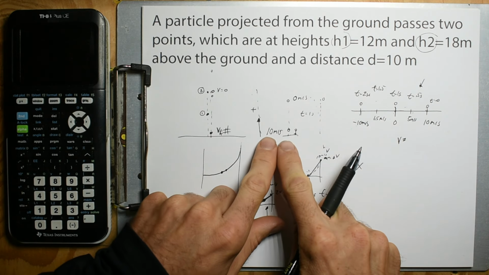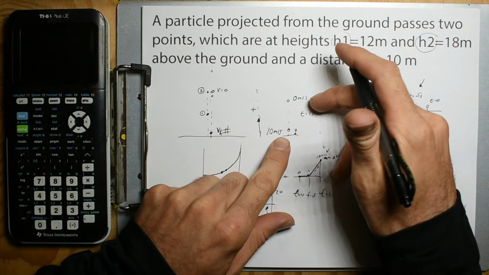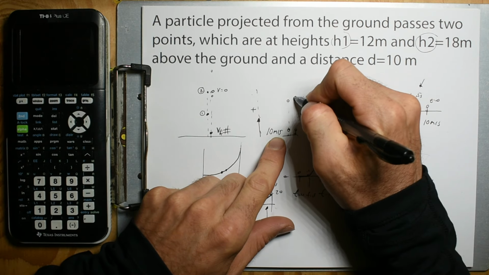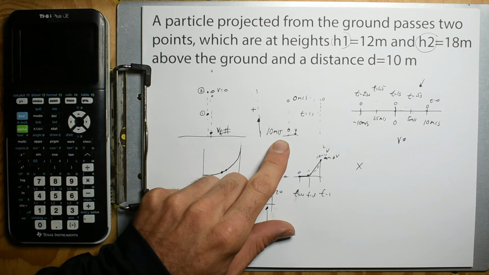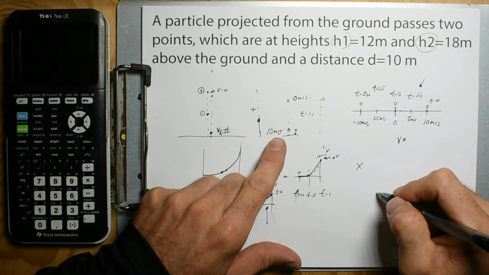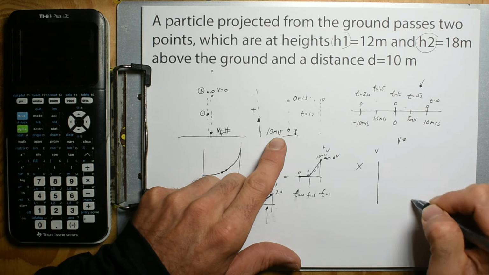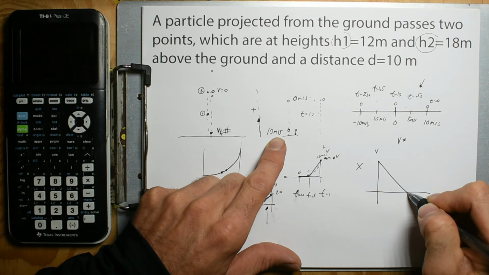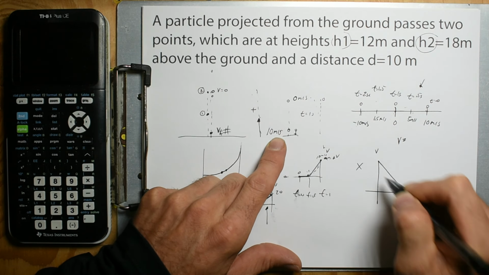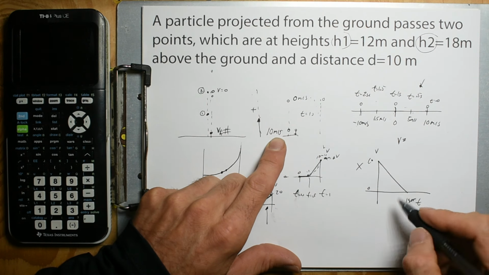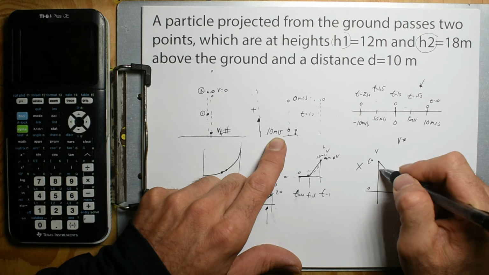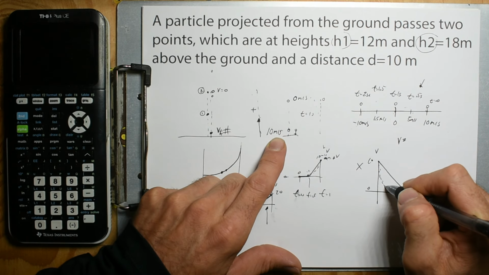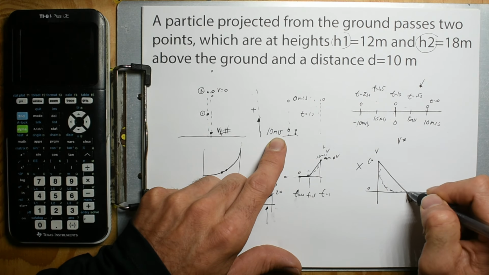So when I throw a ball up at 10 meters per second and a second later it has a velocity of 0, the first thing that should pop into my mind is, if this is velocity and this is time, does that look like this? 10 to 0 over 1 second. Or does the velocity just drop off rapidly and then slow to a stop?